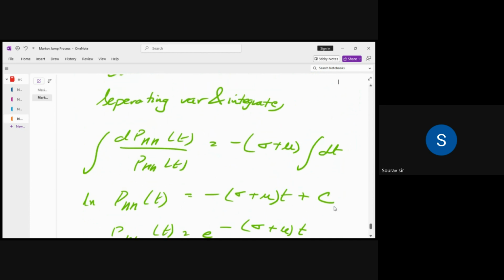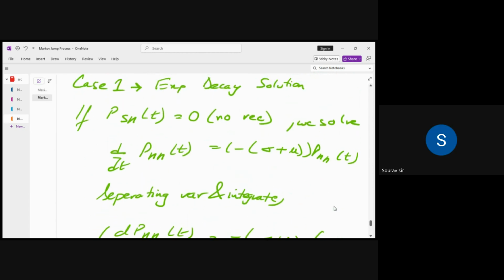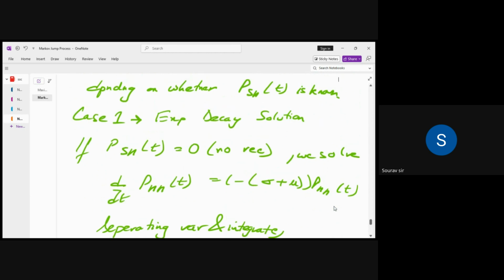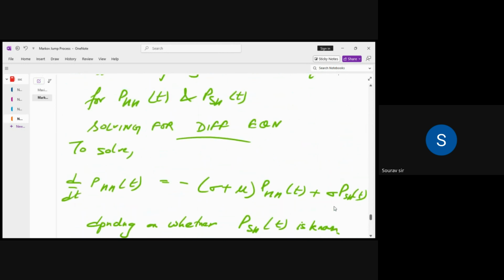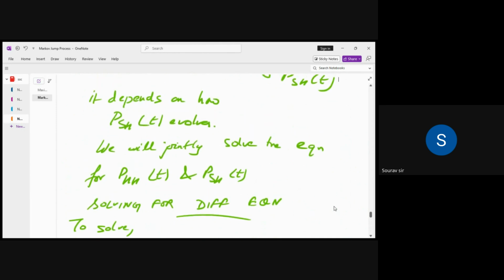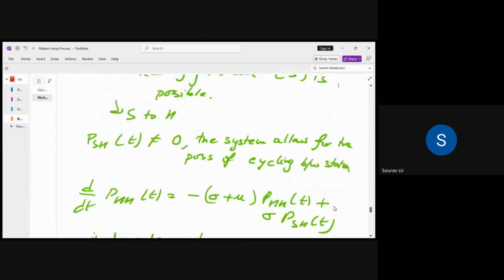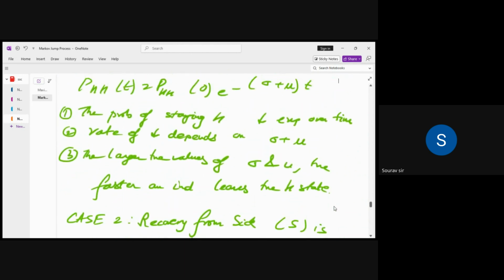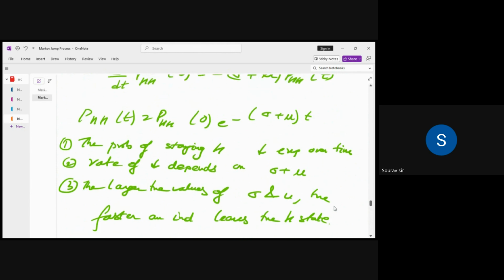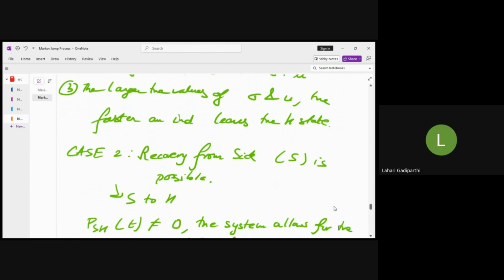Like how in this way you separate and integrate. Okay, sure.